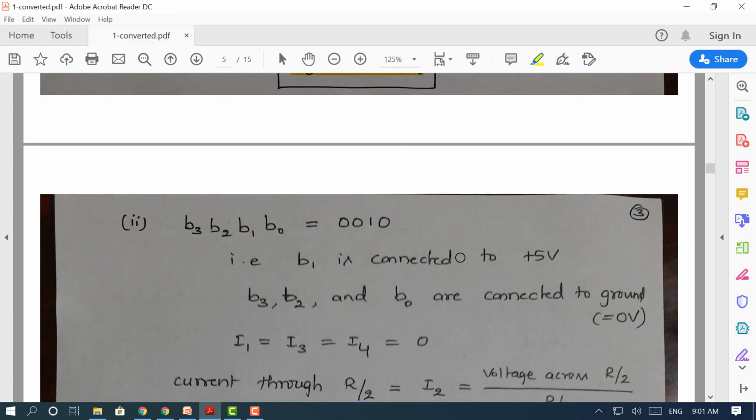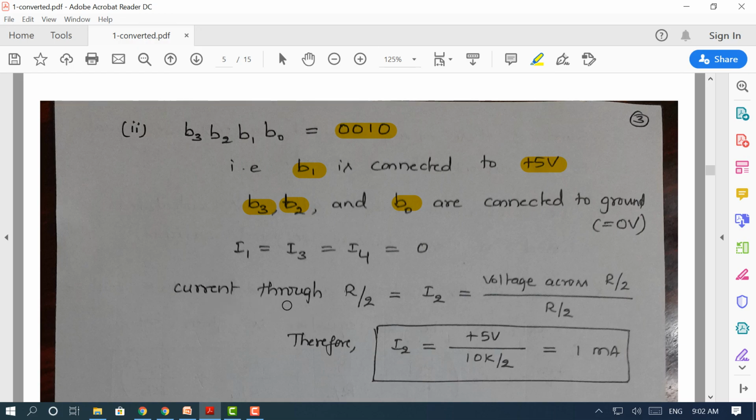Let's take another example where we change our input combination to 0, 0, 1, 0. Now the B1 switch is connected to 5 volts since it's closed. The remaining switches B3, B2 and B0 are connected to 0 volts. There is no current through those resistors since they are connected to 0 volts.